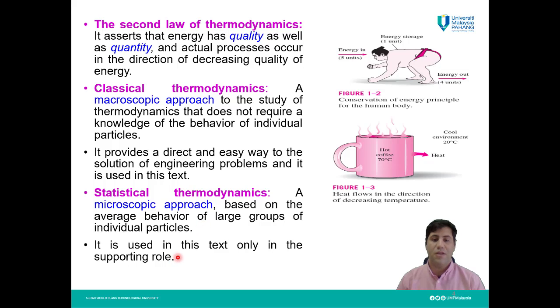It is only used to support our findings from classical thermodynamics. Any place we need to prove something which we get from the classical thermodynamics approach, we will refer to the microscopic approach, but initially we just use the macroscopic approach to find the answer for that problem.